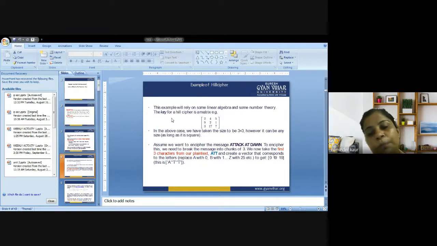We are supposed to arrange the numbers in matrix form so that it is easy for us to apply the mathematical formula here. In the above case, we have taken the size to be a 3 by 3 matrix, and it can be of any size as long as it is square. It could be 5 by 5, 10 by 10, 12 by 12, even 144. The larger the matrix multiplication, the more complex it is to break the ciphertext of the underlying algorithm.